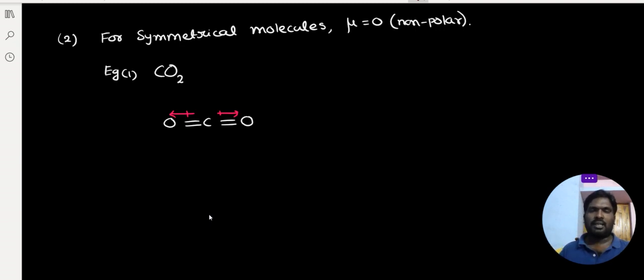It is linear, with a 180-degree bond angle. Understood? So two bond polarities are there, but they work in opposite directions. That's why the resulting dipole moment is 0.